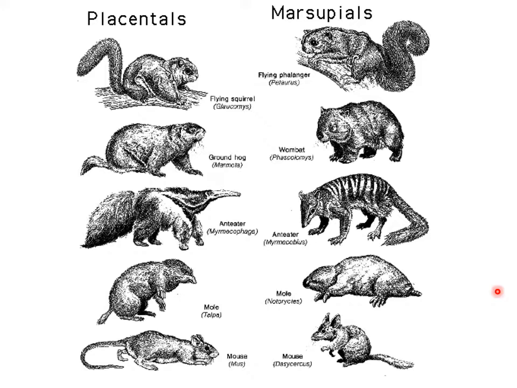Okay. So, do you guys think that the similarities between all these creatures are because they share a common ancestor or because it's a coincidence? That's a flying phalanger. So you guys think a flying squirrel and a flying phalanger are closely related?